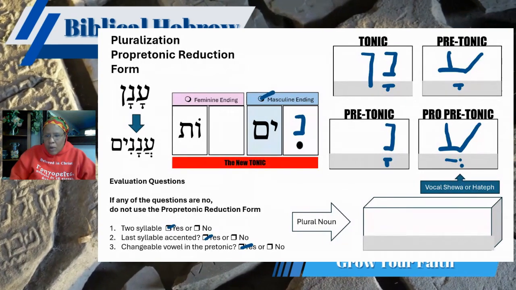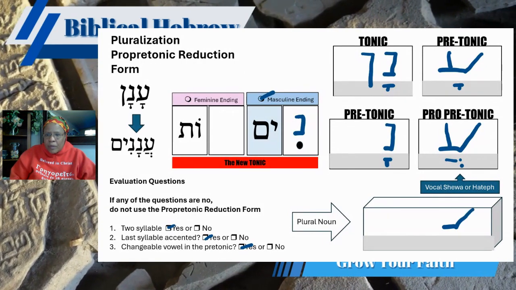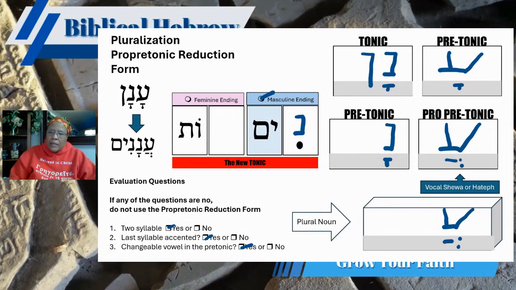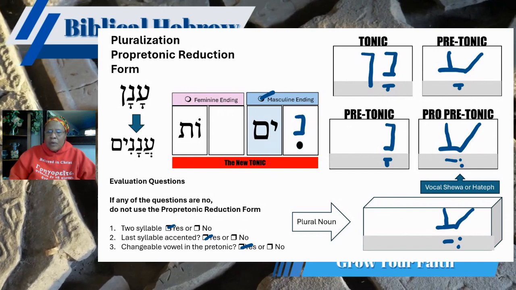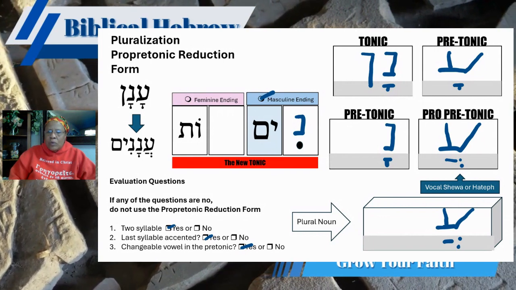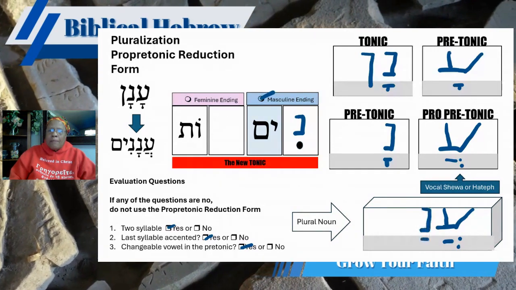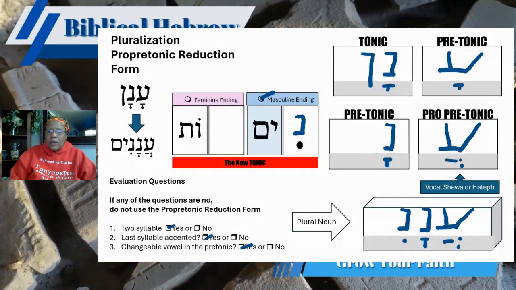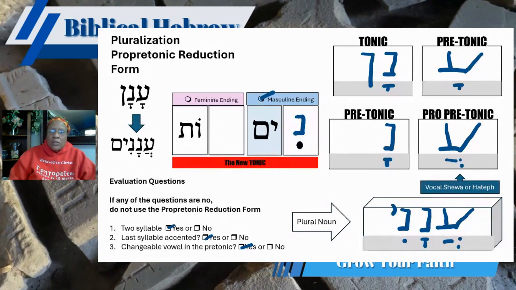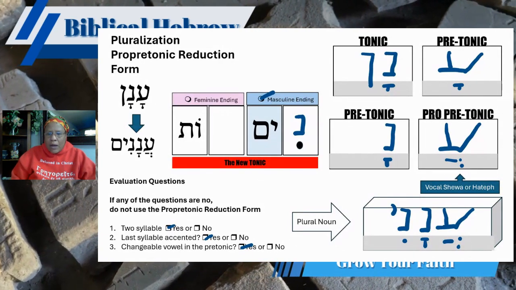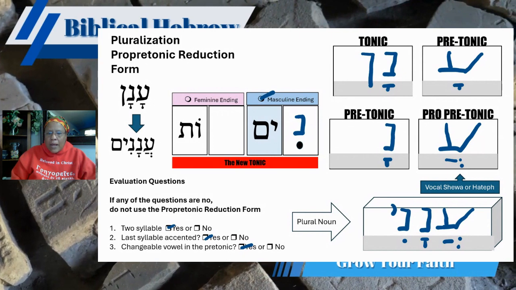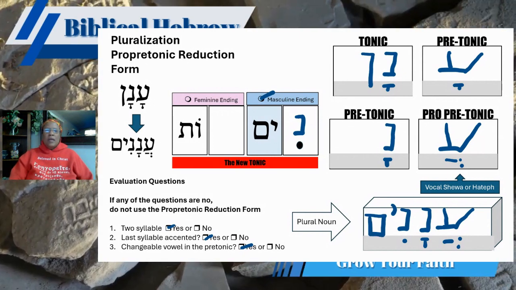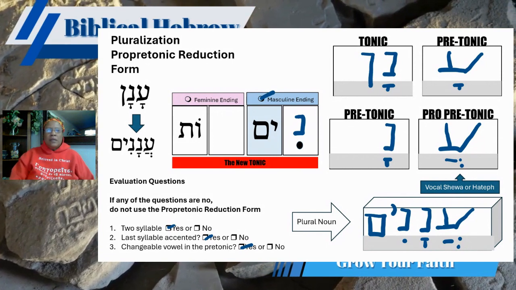So as we write this word, we have the ayin with the hatef. We have the nun with a patah. And then we have a nun again with a hiriq yod, a long unchangeable vowel, followed by the mem sofit. And if I check it, it checks out.